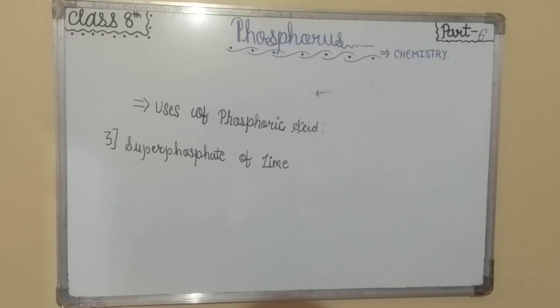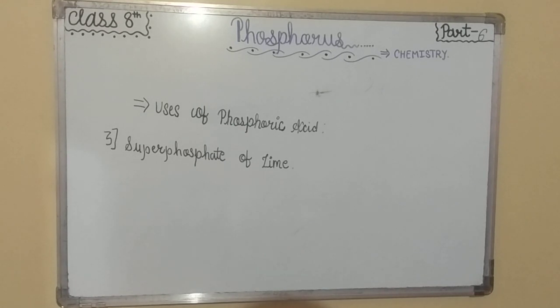Superphosphate of lime is manufactured by mixing the powdered phosphorite or bone ash with sulfuric acid: Ca3(PO4)2 + 2H2SO4 + 5H2O.